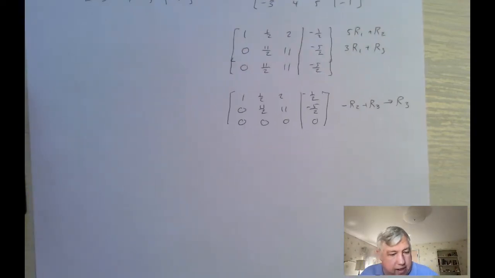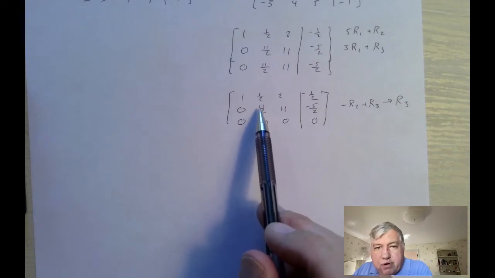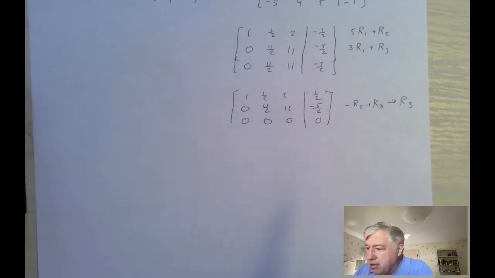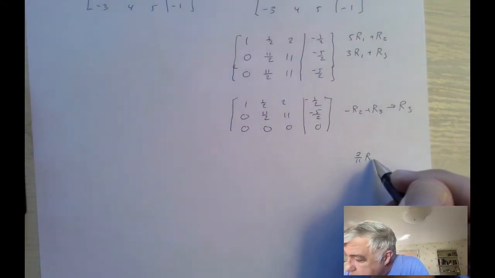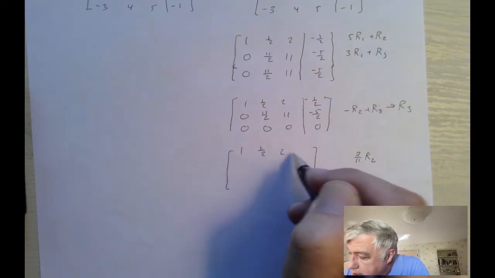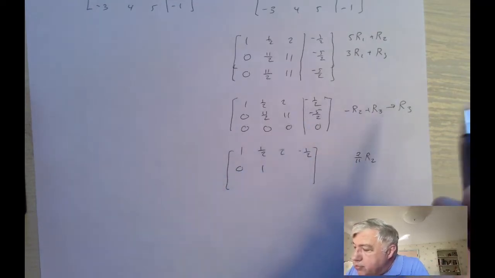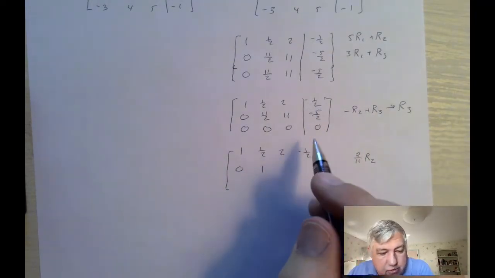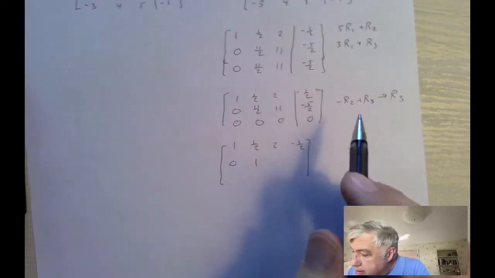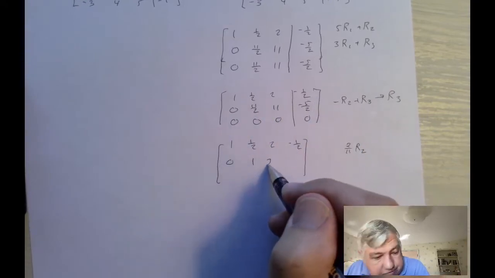Okay, and then we want this to be our pivot entry, so we're going to want to make this a 1. We have to multiply this by the reciprocal. That's 2/11. So this will be 0, 1, then 2/11 times 11, that's 2.